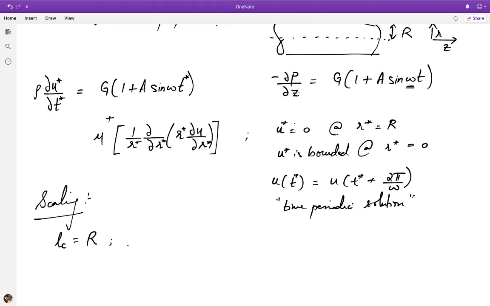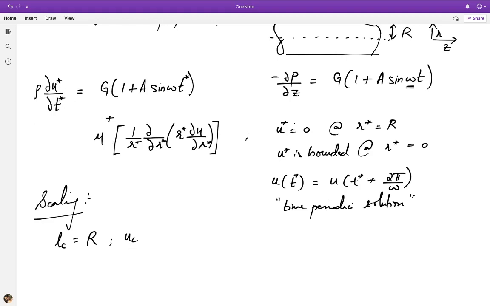I then have to choose a velocity scale. So as you would know now, if I choose the scale for the radial coordinate direction to be R, I'm going to get mu by R square here, and then the u characteristic will come out in the numerator. The choice to find uc then depends on whether I balance this term with the pressure gradient or whether I balance the pressure gradient and the inertial term, right?